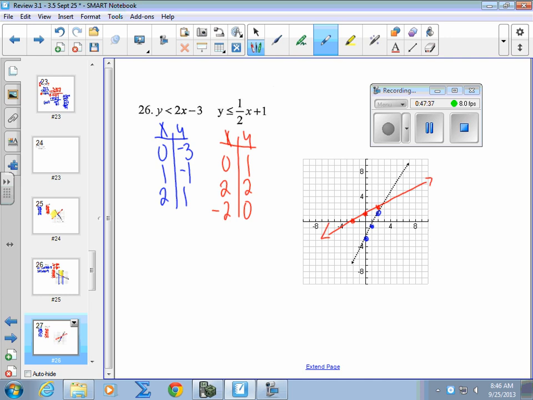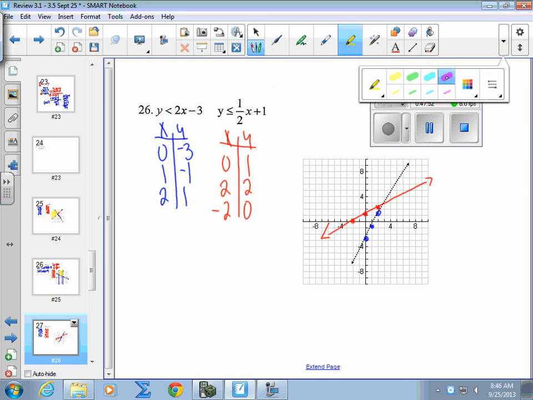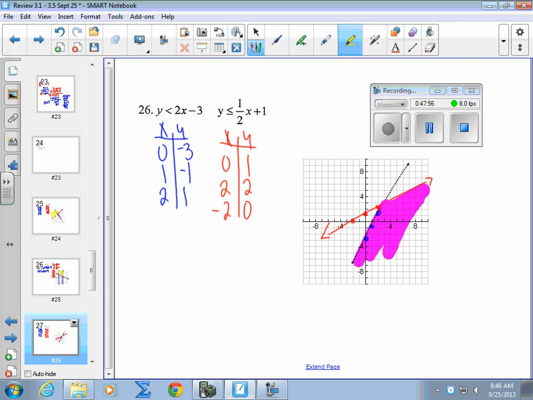And it's solid. So on the first equation, the blue line, we're shading below the blue line, and we're shading below the red line. So we're shading everything below the blue line, below the red line. Are you okay with 26?